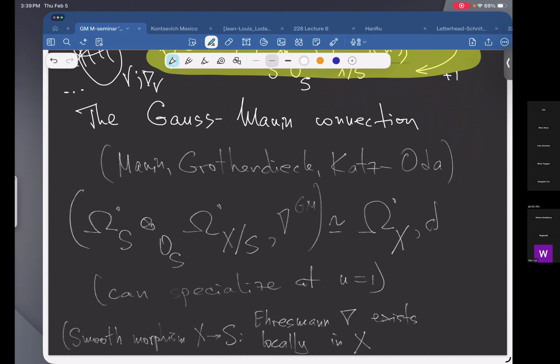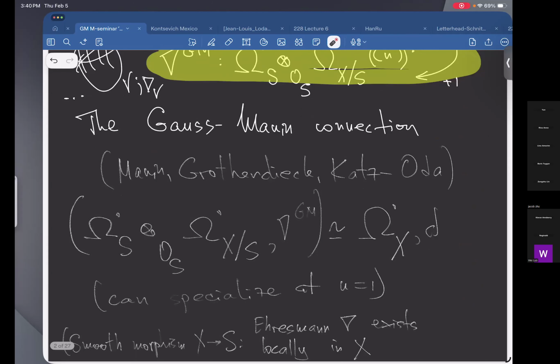Locally in X, this Gauss-Manin complex has a canonical meaning: it's just the total de Rham complex of the total space, but it can be understood like forms on the base with respect to a family of complexes on the fibers, and the differential of square zero. Okay, so this is the classical case.